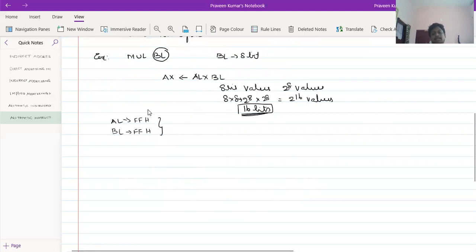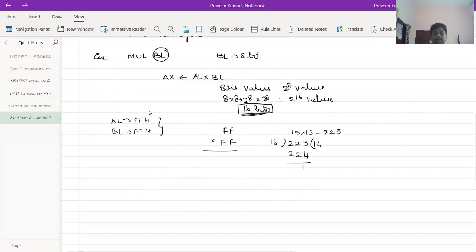So FF into FF: first it is F into F. F value is 15, so 15 into 15 is equal to 225. 225 divided by 16 gives me 14 and the remainder is 1.